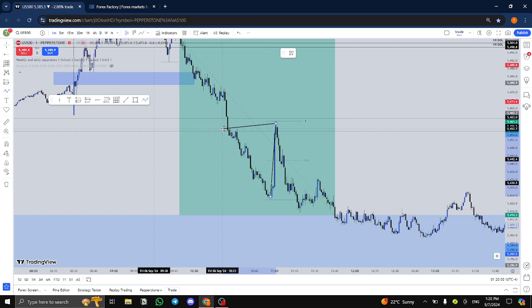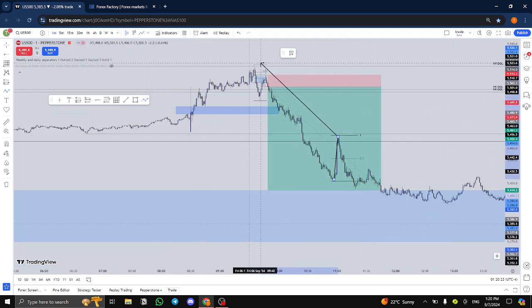Short position holders were forced out of the market, and above these highs, what's going to happen? There are people willing to long, all the way up here.